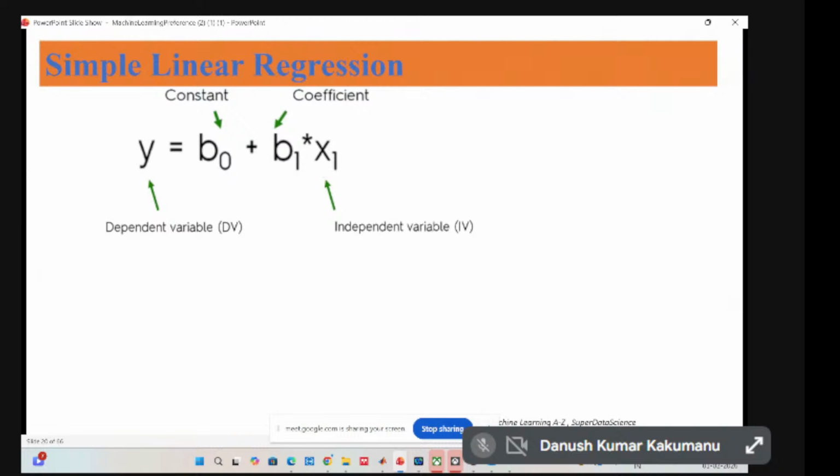Here, if there is only one input variable, the formula is y equal to b naught plus b1 x1.